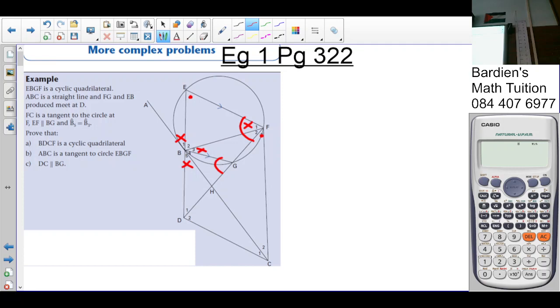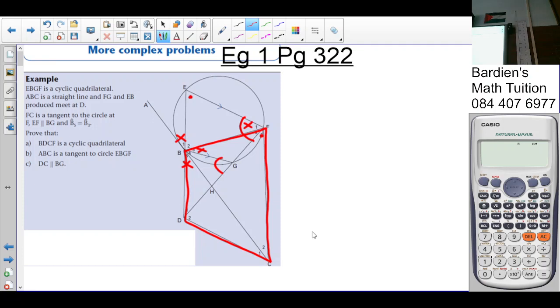Then we are told the first question, prove that BDCF is cyclic. So how do you prove something is cyclic? Exterior angle is equal to the interior opposite. Do we have an exterior angle there? Yes, we have B2, and then the whole angle of C, you can prove that.